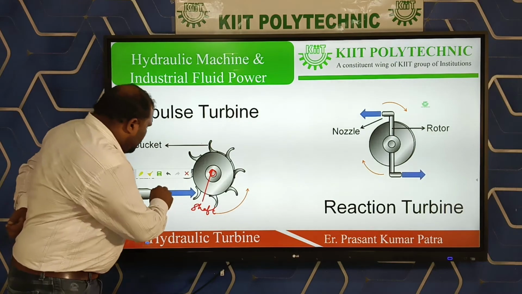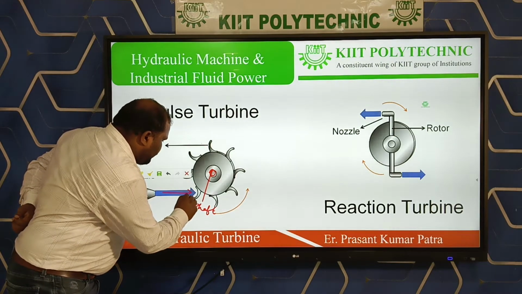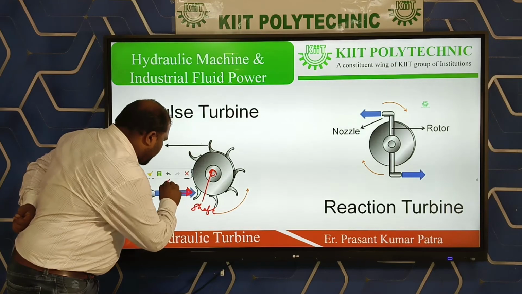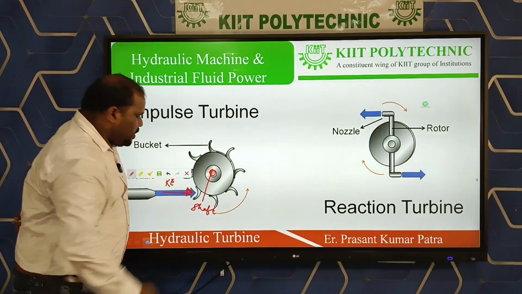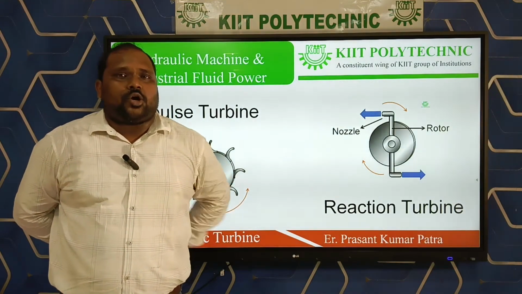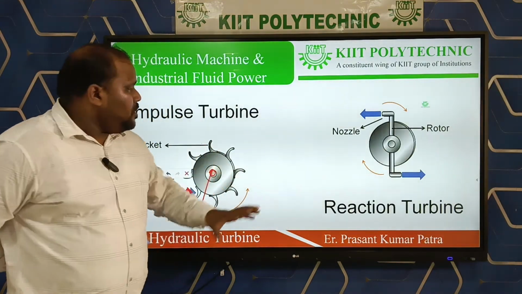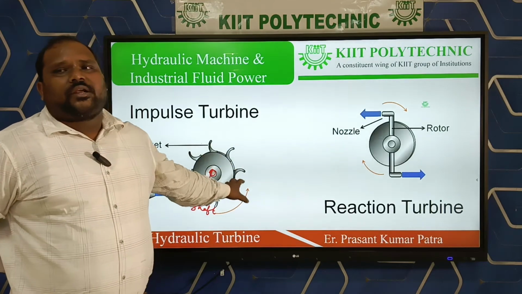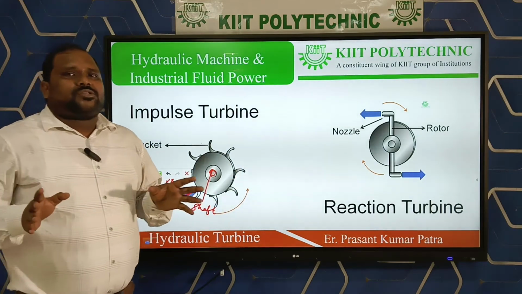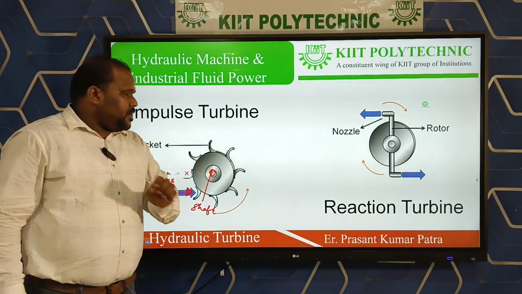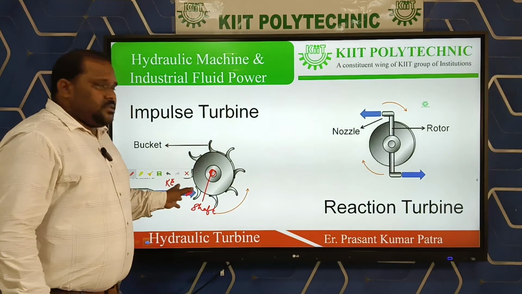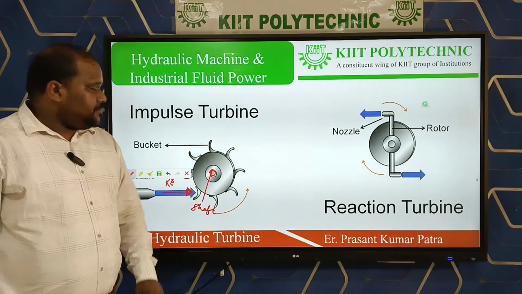Here, the water flows directly towards the vane, and kinetic energy is present in the jet of water, not pressure energy. Pressure always remains constant in the case of the impulse turbine. There is no variation of pressure. Pressure is constant, but the total energy is kinetic energy.